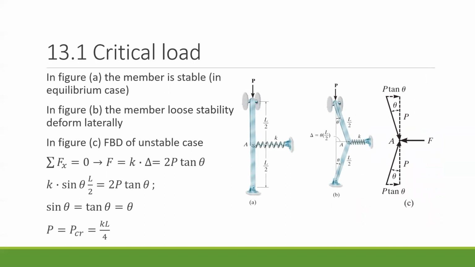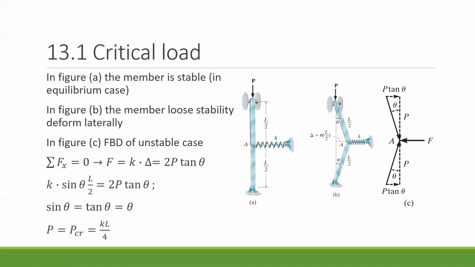So first of all, I want to introduce how we can find the critical load. I want to illustrate with a simple shape. It does not actually represent a real column, but it is a good way to obtain P critical in this example.